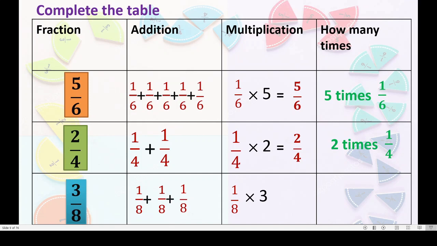So the answer is 3 ones are 3, that is 3 upon 8. Now how many times did we use 1 upon 8 here? 3 times. Correct? Got it, children? I hope you understood the addition and multiplication form. Right? Good.